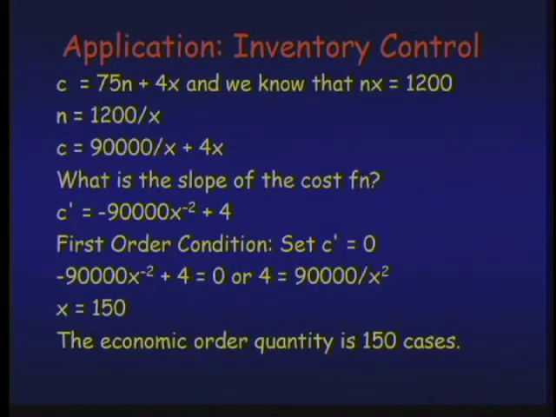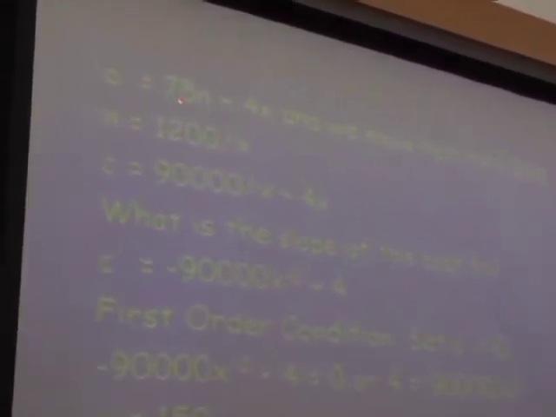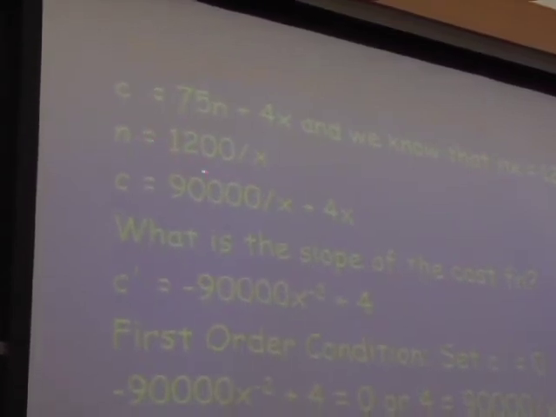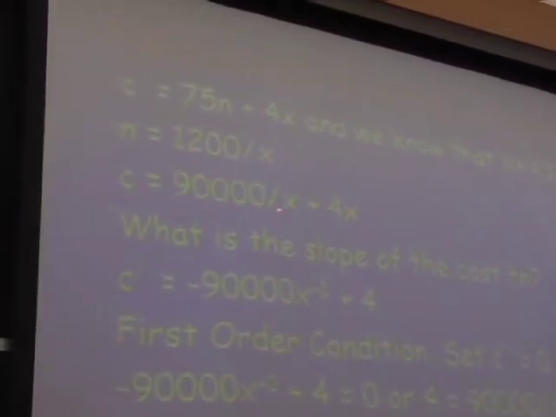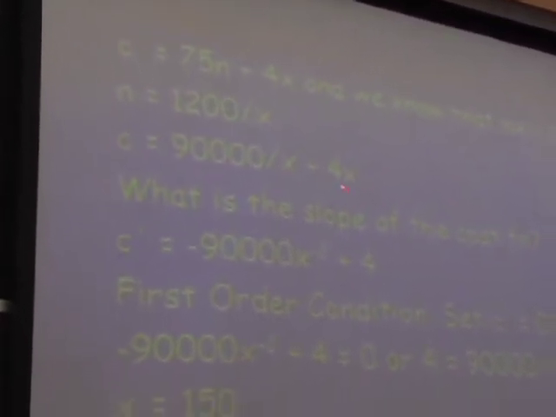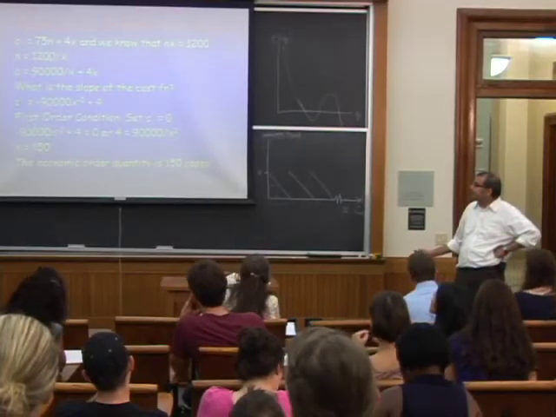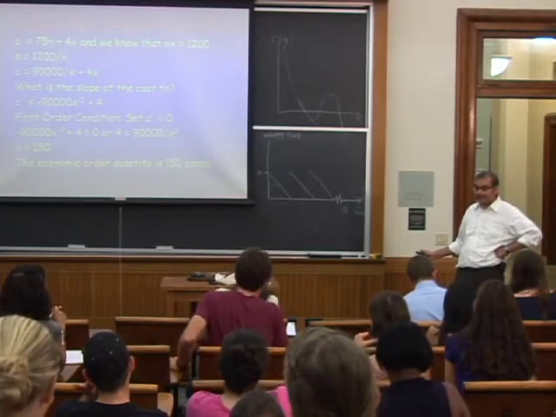Right, this is what we learned to do in the last session. Okay, so here I've solved for n and substituted for n in this equation. So instead of 75n, I have 75 times 1,200 over x. So that's 90,000 over x plus 4x. That's total annual cost as a function of x.